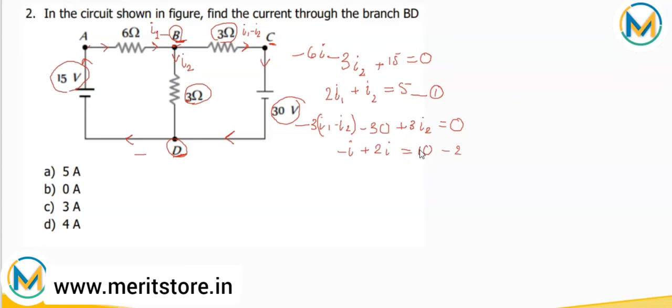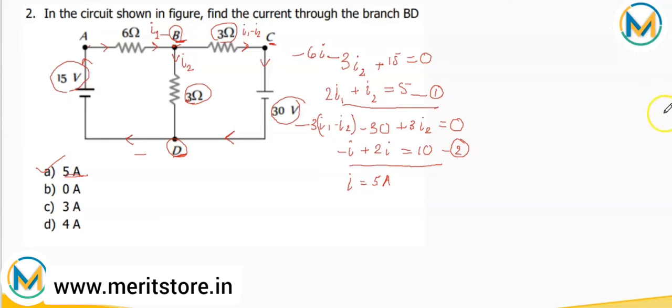That's equation number 2. When I solve equations 1 and 2, we find that I equals 5 ampere. So the correct answer among the given options is option A.